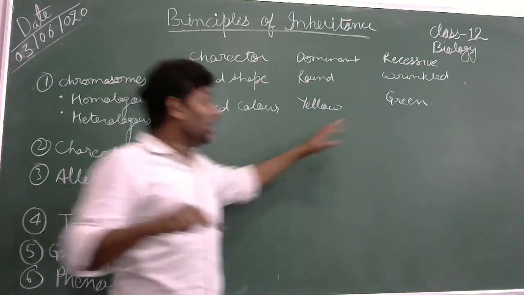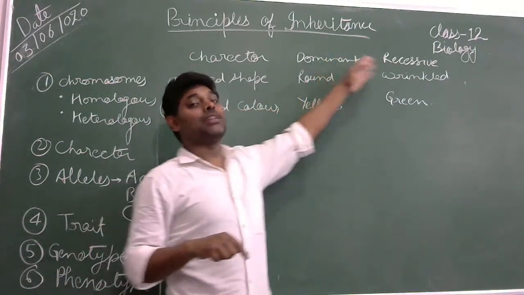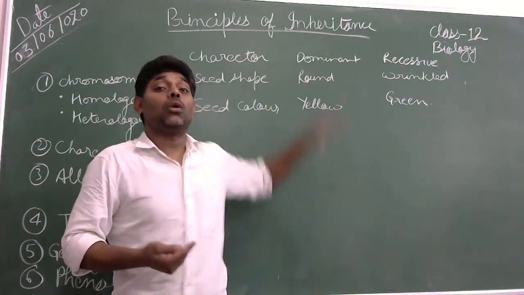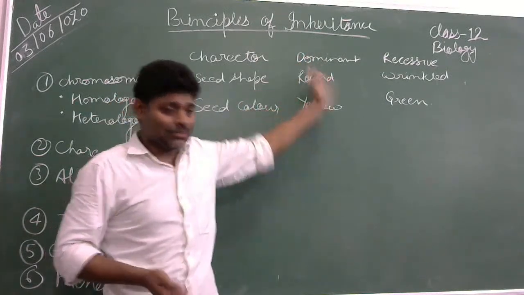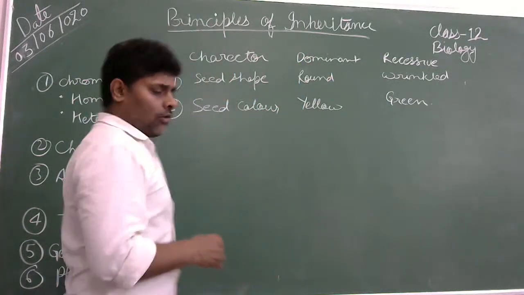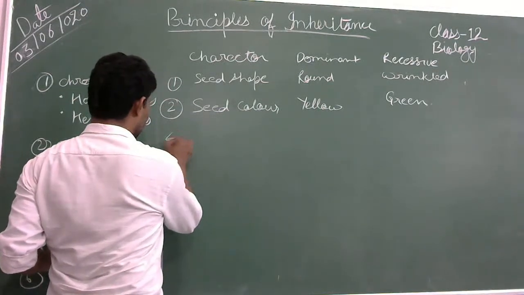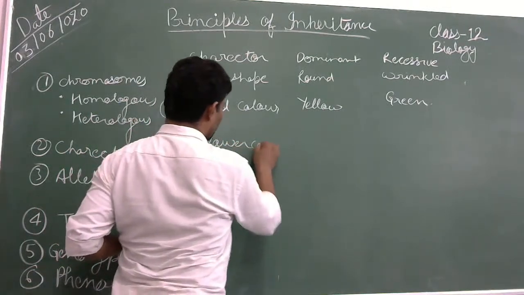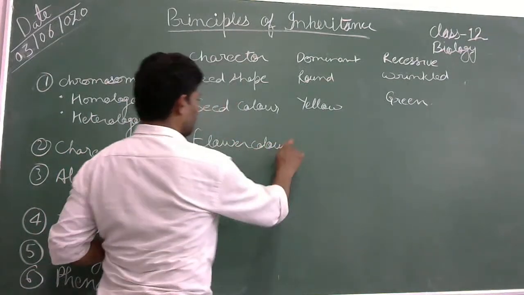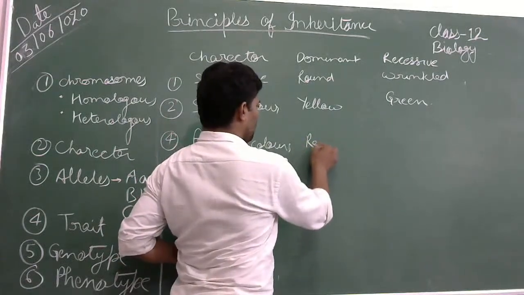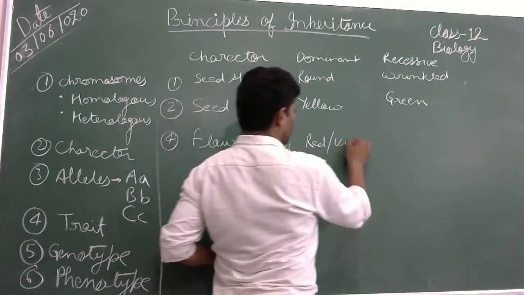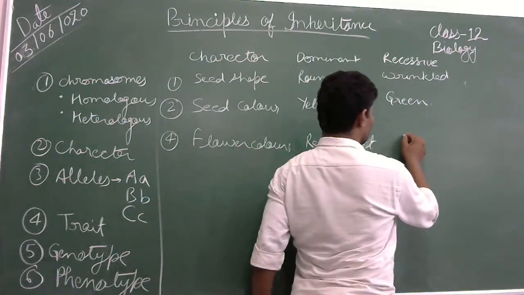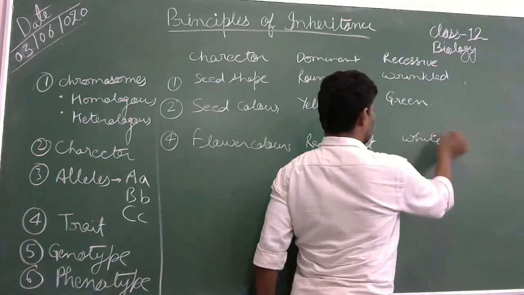But genotypically, both the dominant character as well as the recessive character will be present in the genotype, but express only the dominant character. The next one is the flower color. Red or violet, and this is white.